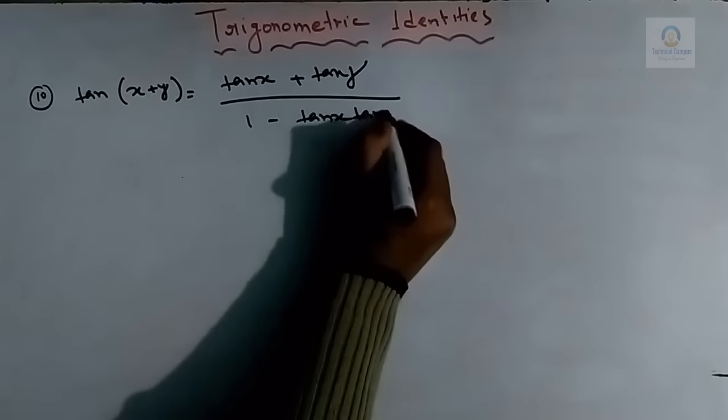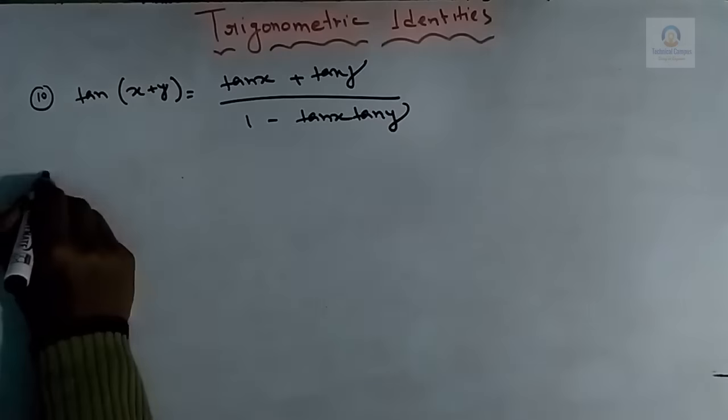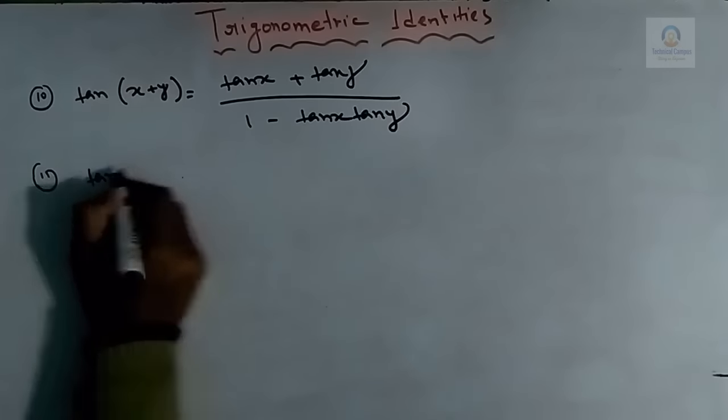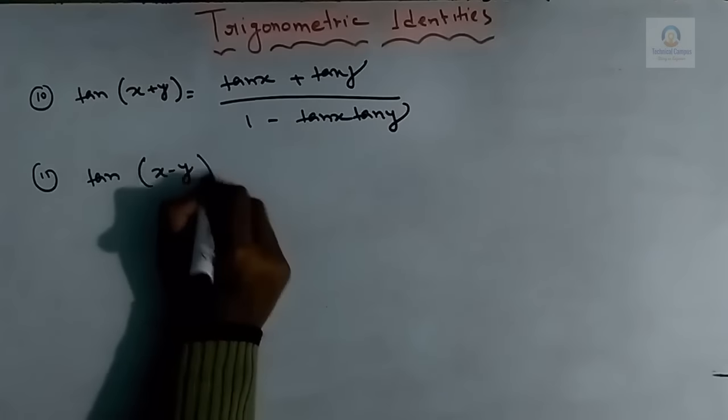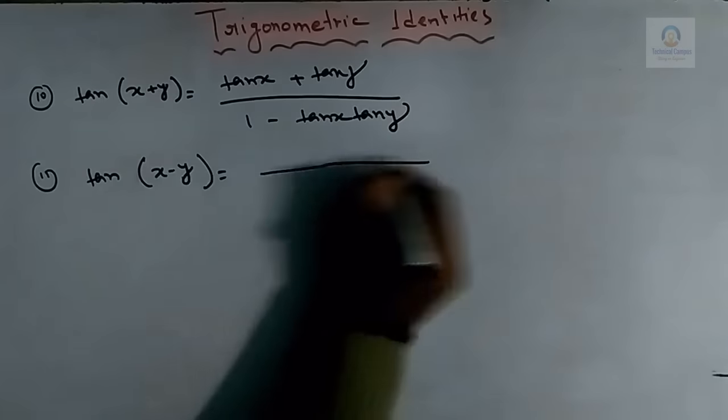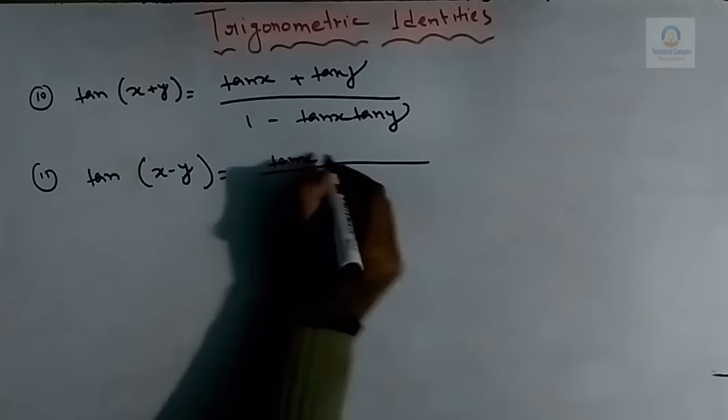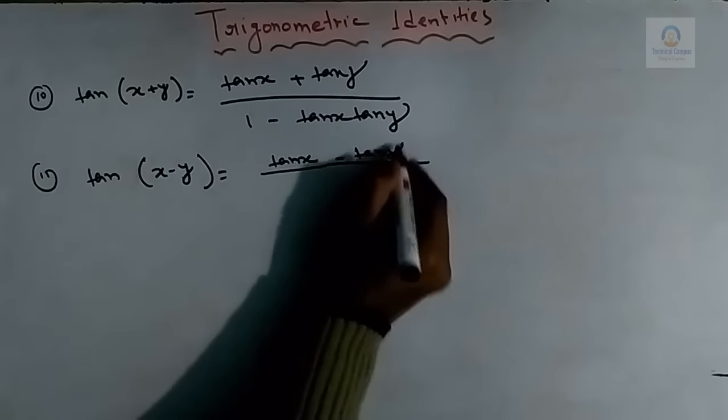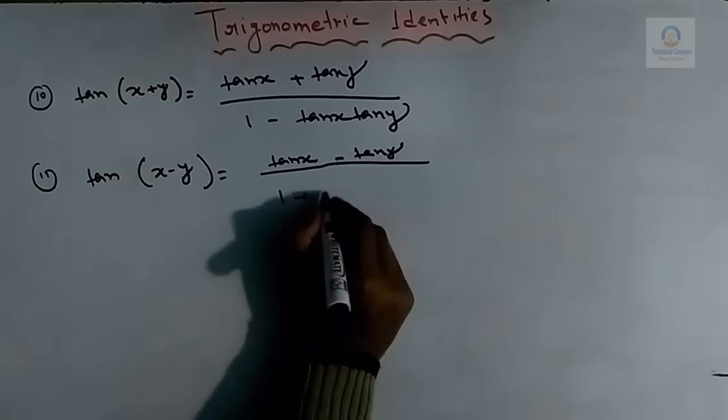Okay, number 11 is tan of x minus y is equal to tan x minus tan y divided by 1 plus tan x tan y.